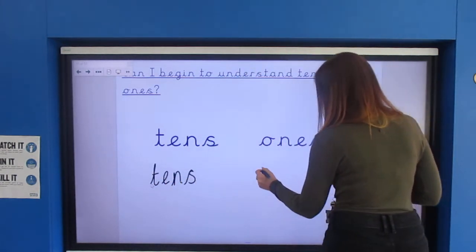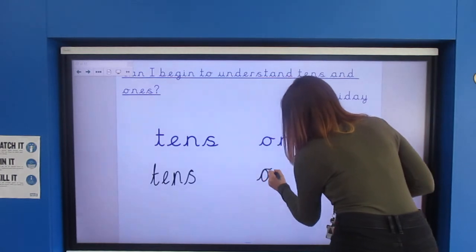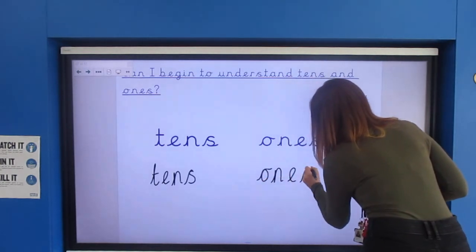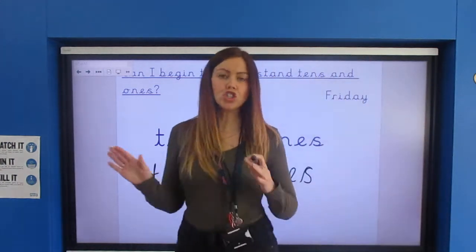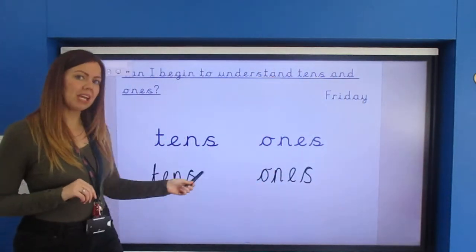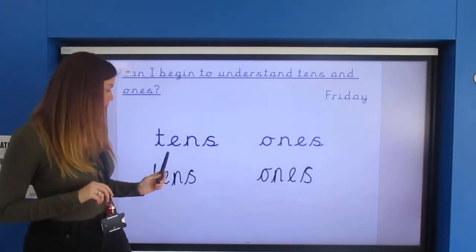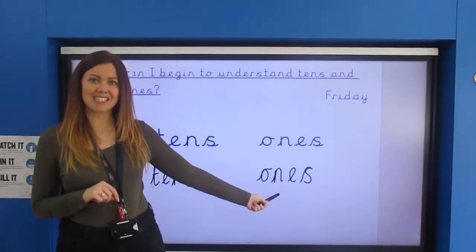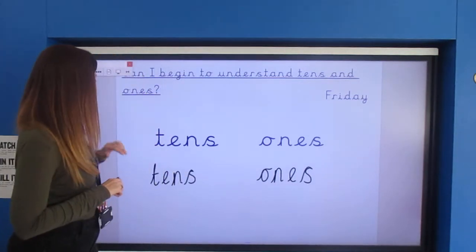Have a go at writing those for me because you're going to see these words popping up in your exercise book. So it's important that we know what they say when we see those words.